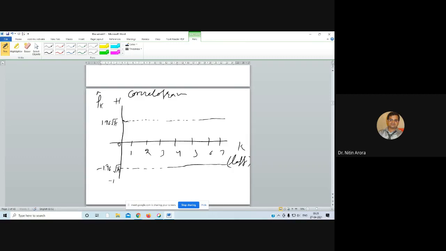Suppose the first autocorrelation is this much, and suppose this is going beyond the upper confidence interval. The second is this one for second lag. For third lag, this is this.